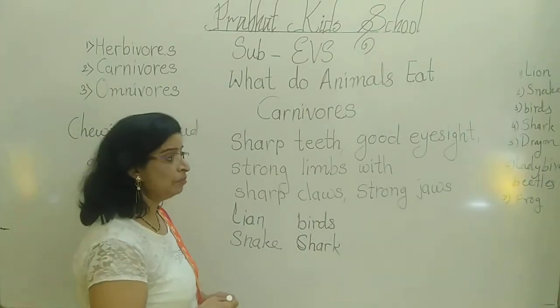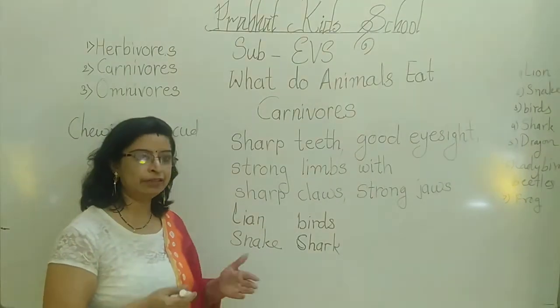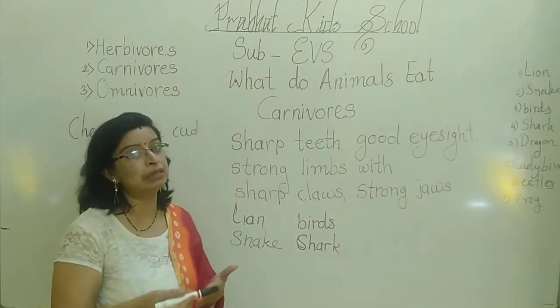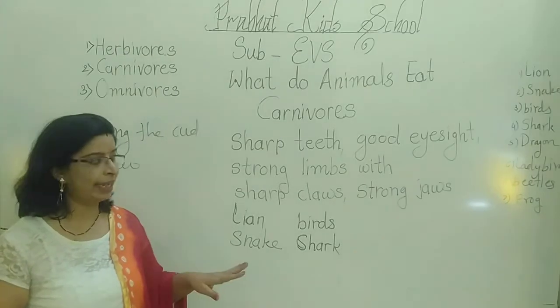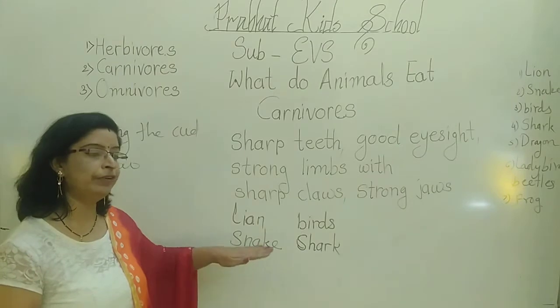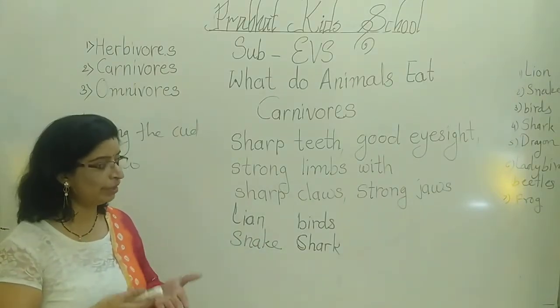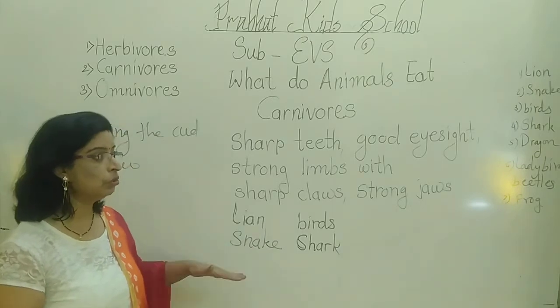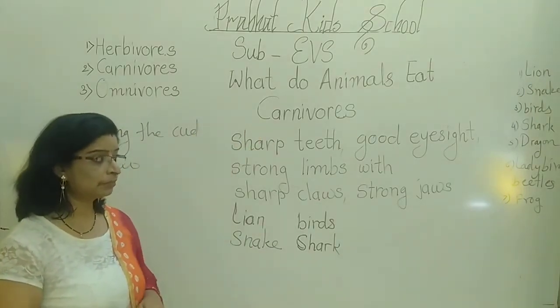Then some insects like dragonfly. Yes, dragonfly always feeds on mosquitoes. If you find a dragonfly, it feeds on mosquitoes and other small insects. So dragonfly is also carnivorous.